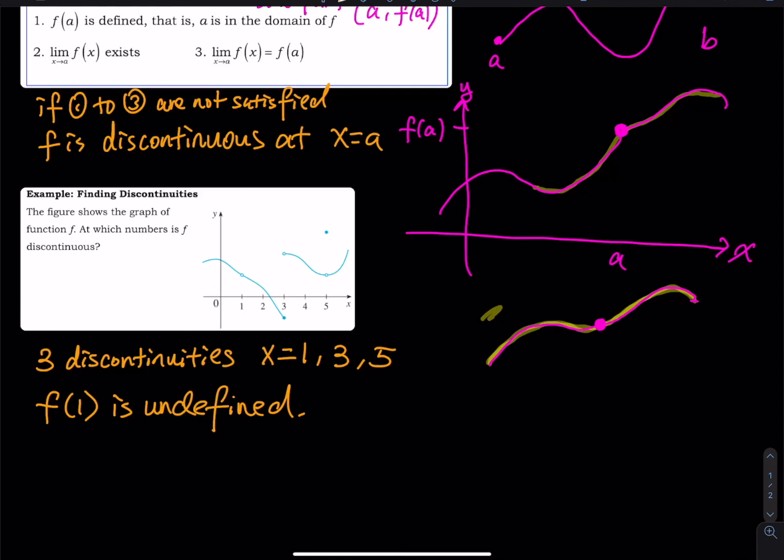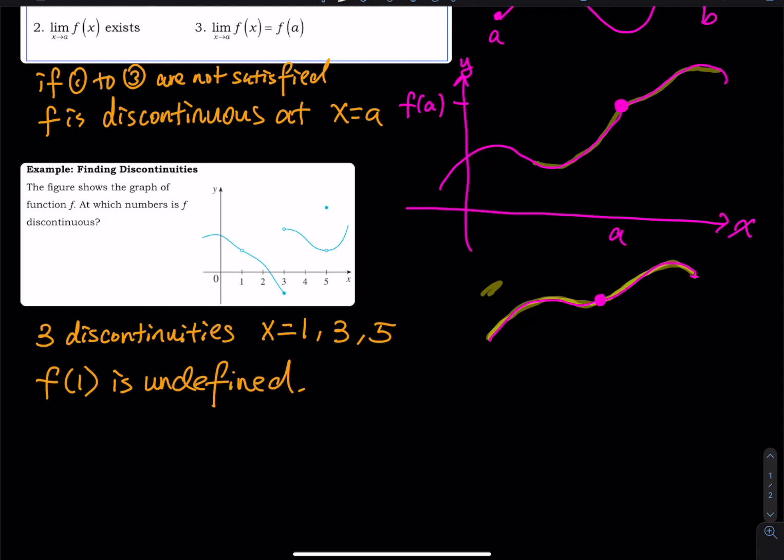How about number 3? Number 3, you can argue with me and say, hey, no. Look, f of 3 is defined. That means there is a solid point, right? I agree with you. There is a solid point. However, as x approaches 3 from the left, what do you get? You get a negative y, right?